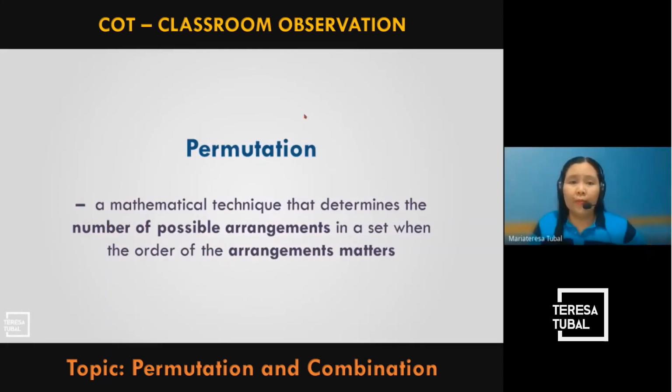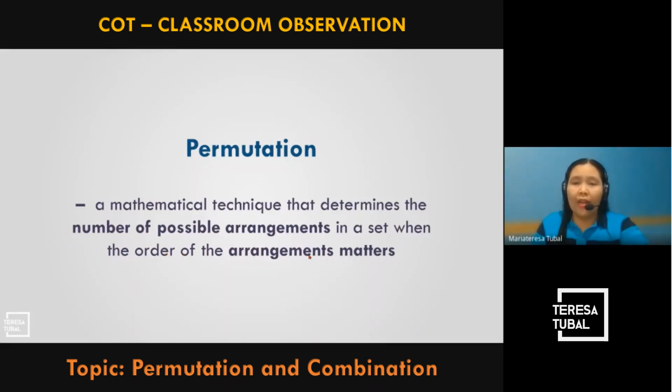As you can see in the highlighted part, it should be the number of possible arrangements. So to be able to distinguish a permutation, the order of the arrangement matters.